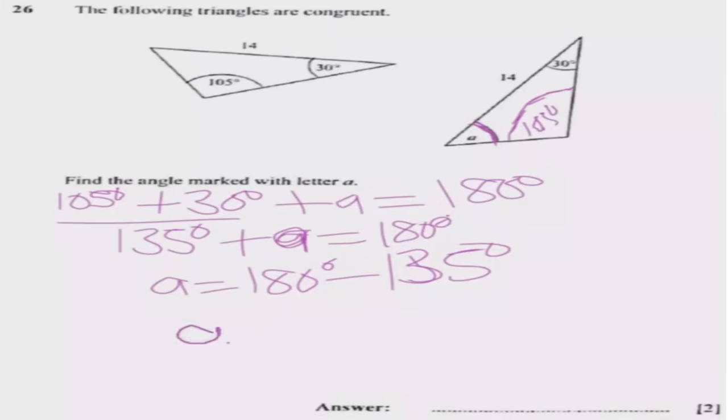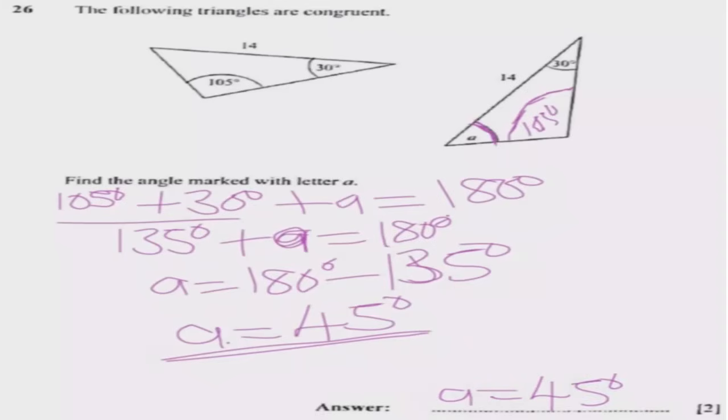Then A is equal to 180 minus 135, which will give us 45. And this 45 degrees is the value of angle A. So we can say A is equal to 45 degrees, like that. In that way, we have solved for A. We have found the value of the angle A.